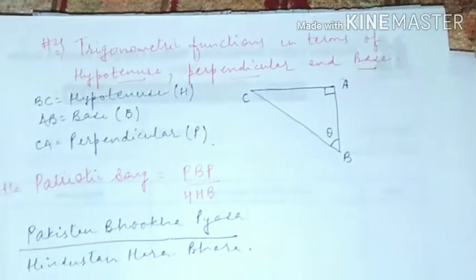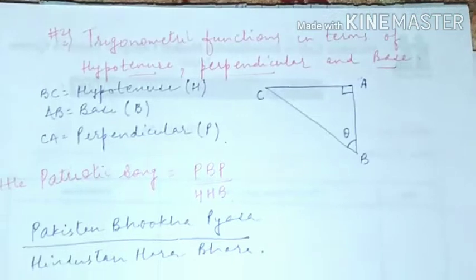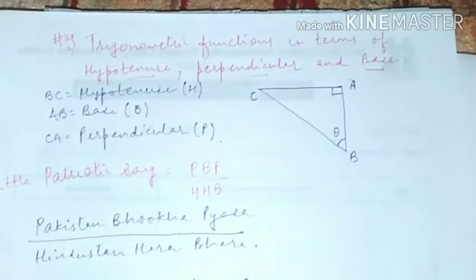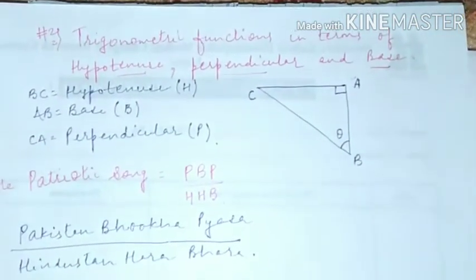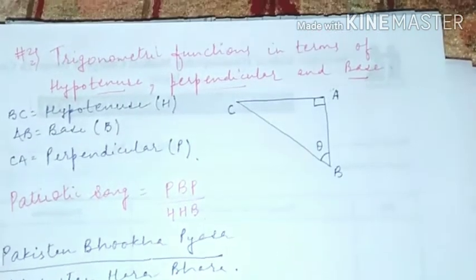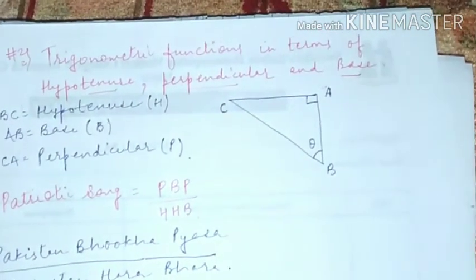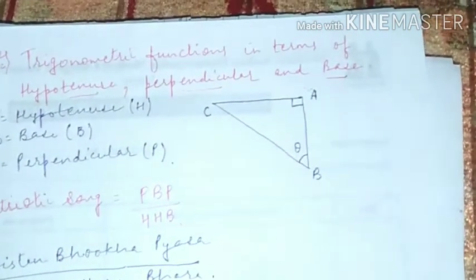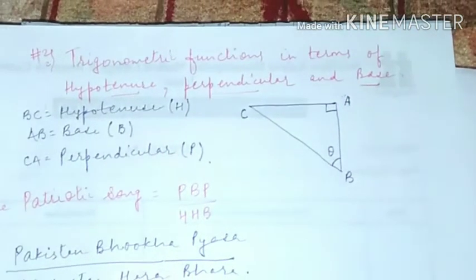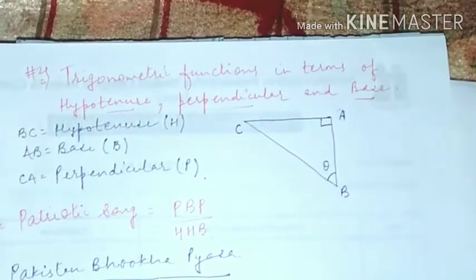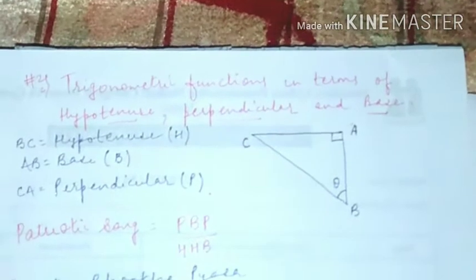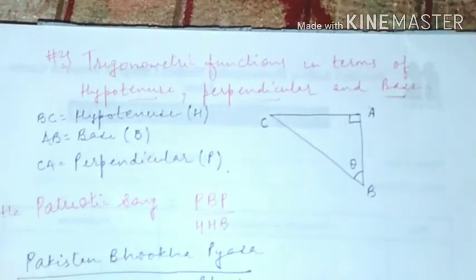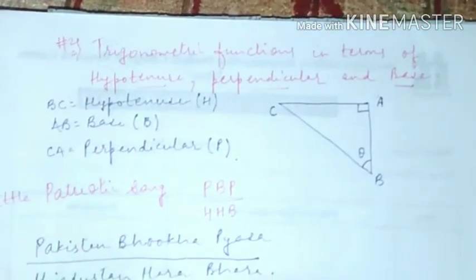That is our main concern, and it will be used for solving the problems of trigonometric functions. So how will we recognize them? There is a very easy trick for recognizing these three terms.